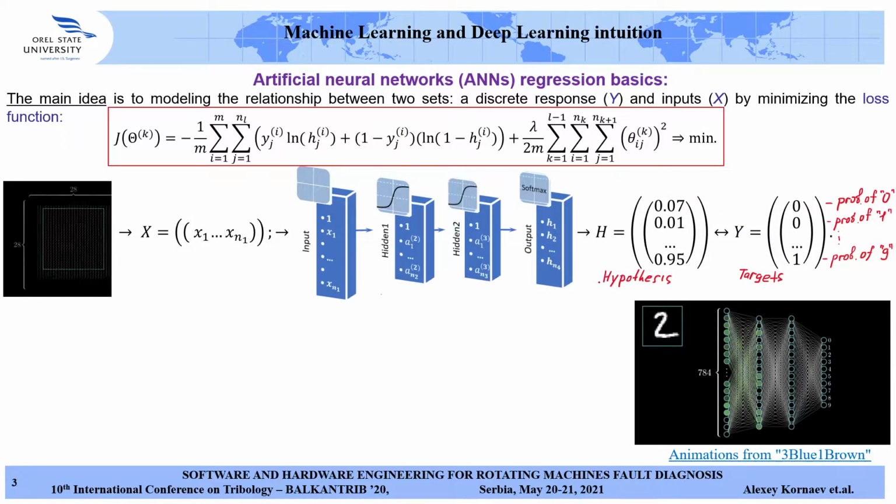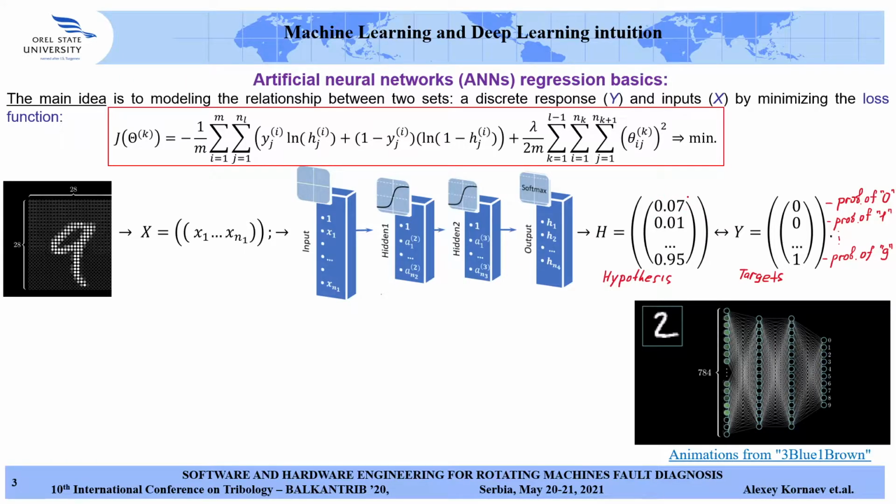The same idea works in artificial neural networks. In this case, an input, for example an image of 9, can be transformed to an X, some matrix. Then these values go through the neural network, and the network answers in the form of a matrix hypothesis, and each element of this matrix is the probability of a number.